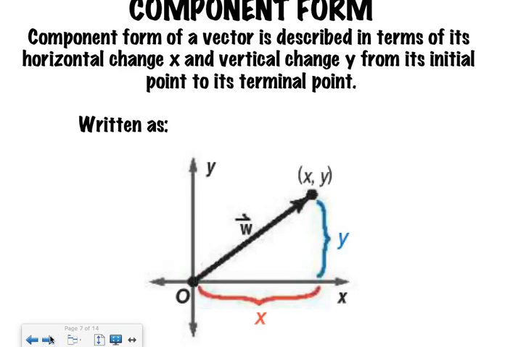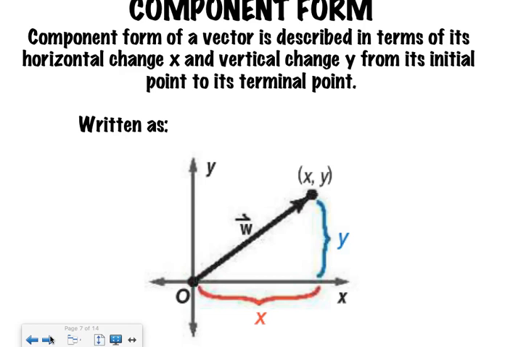And then one more thing to talk about, the component form of a vector. The component form of a vector is described in terms of its horizontal change and its vertical change from its starting point to its ending point. We can write this in a simpler form.